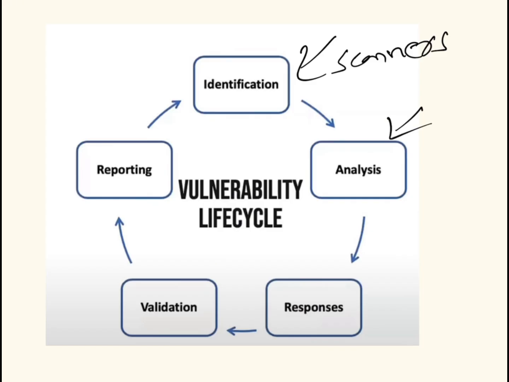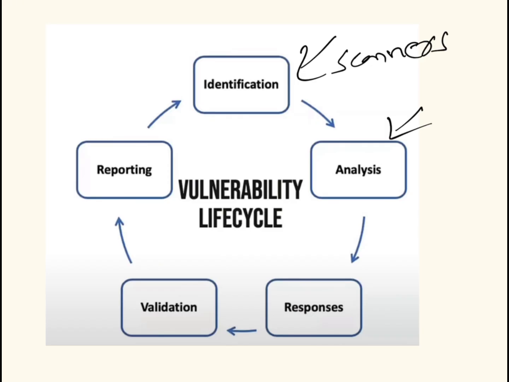The second stage is analysis. So assess the severity and potential impact of the identified vulnerabilities. The vulnerabilities which you have identified in the identification stage, now you need to analyze them, the potential impact of those identified vulnerabilities, whether it is exploitable, affected system and components, risk level.